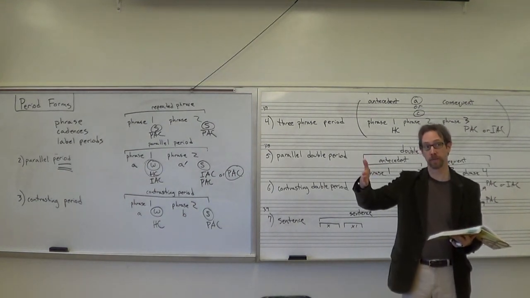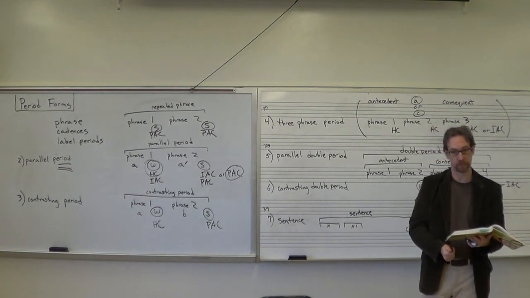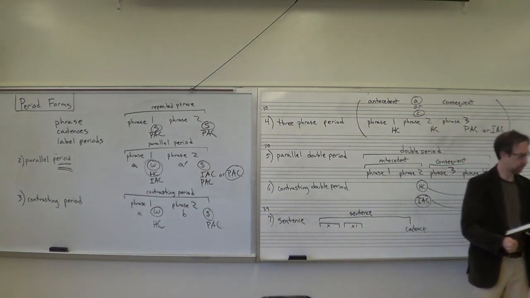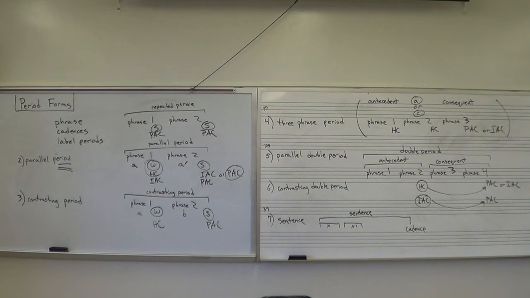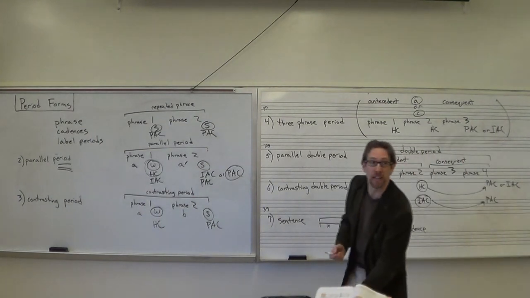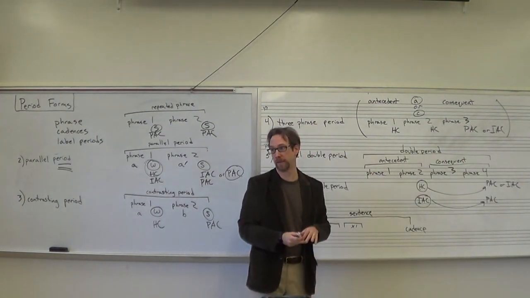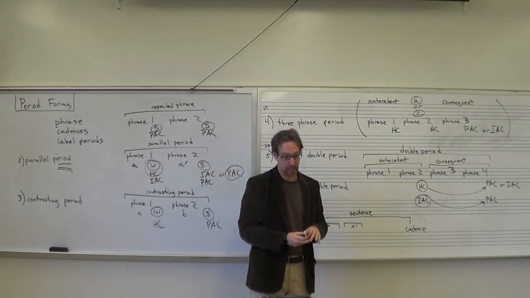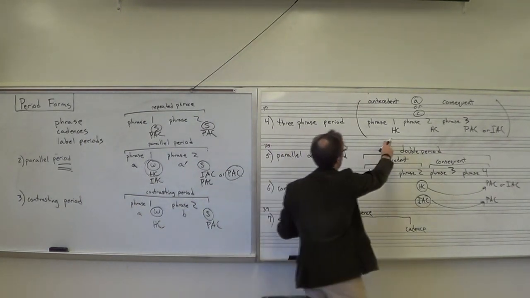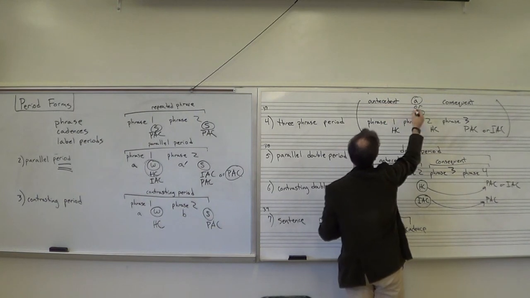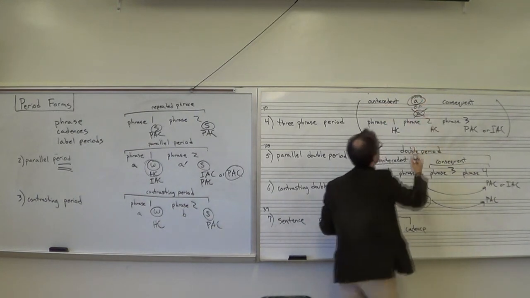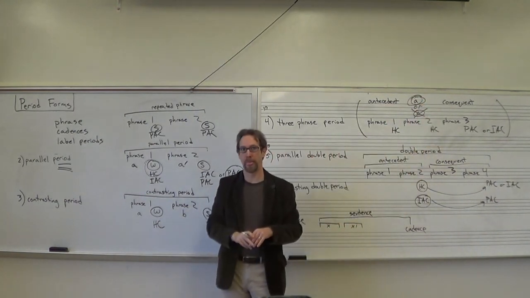Half cadence here. And a perfect authentic cadence at the end. So that would be an example from Mozart of a 3-phrase period. And in this case, because it was both half cadences, it's antecedent, consequent.